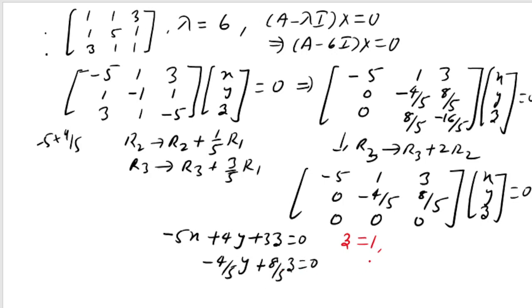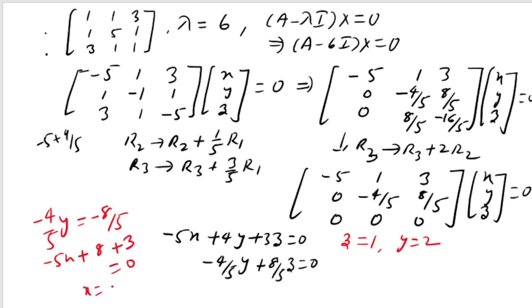If I substitute it, minus 4 by 5y is equal to minus 8 by 5, so y is equal to 2, and if I substitute y is equal to 2 here, I will get minus 5x plus 4 into 2, 8 plus 3, 11 is equal to 0.